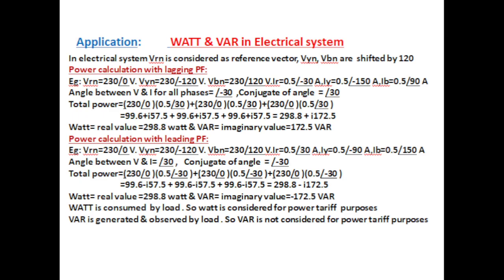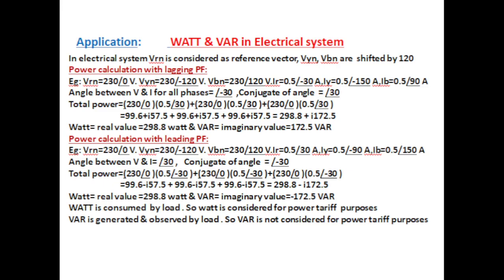That is, the current is lagging with reference to the voltage in its own phase. The angle between V and I for all phases equals -30, and the conjugate of the angle equals 30.